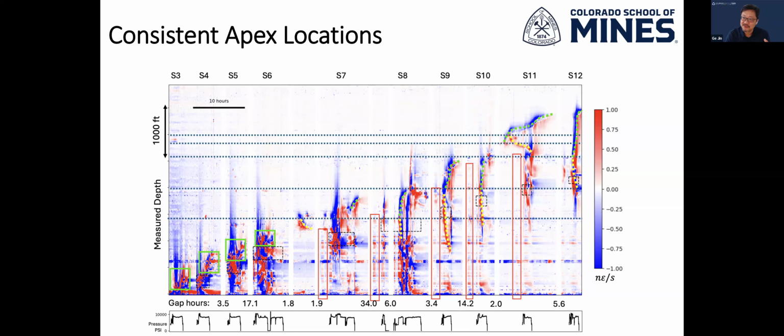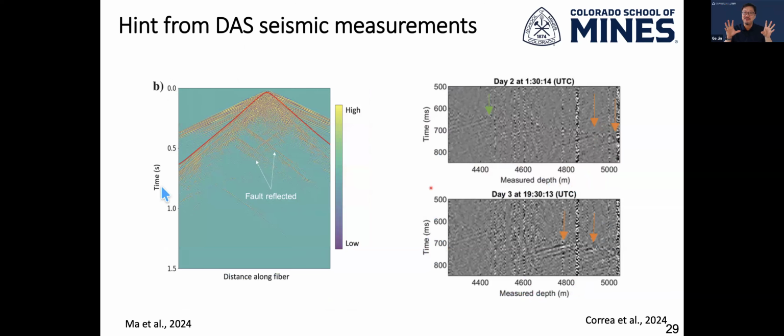So what are those things? What's the geological magic for why the bedding plane always initiated, at least at my fiber well, at these locations? So now we need to integrate another geophysical measurement, which is reflection seismic.